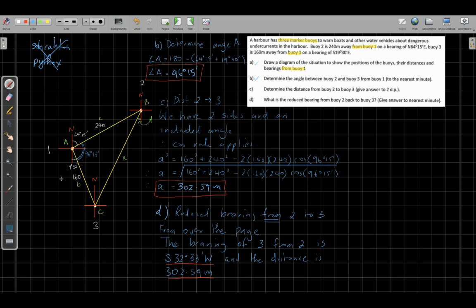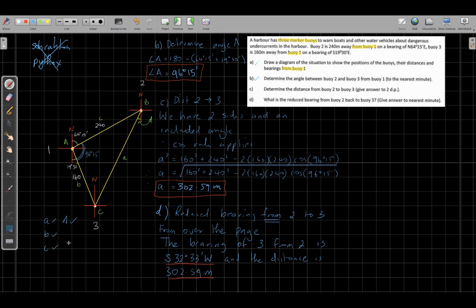Okay, so then let's look down here. We've got A. We need that because that's what we're trying to calculate, the distance between buoy 2 and buoy 3. We have angle A, tick. We have B, tick.